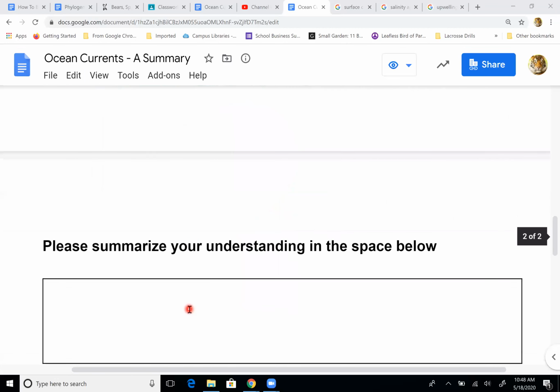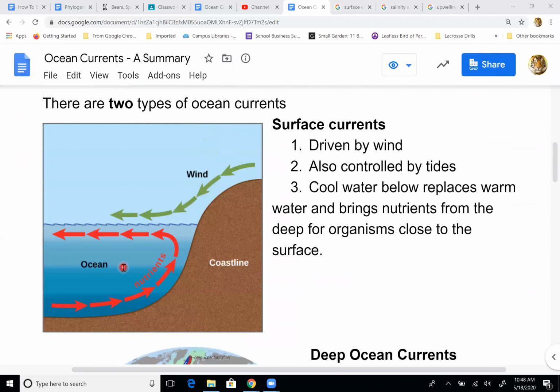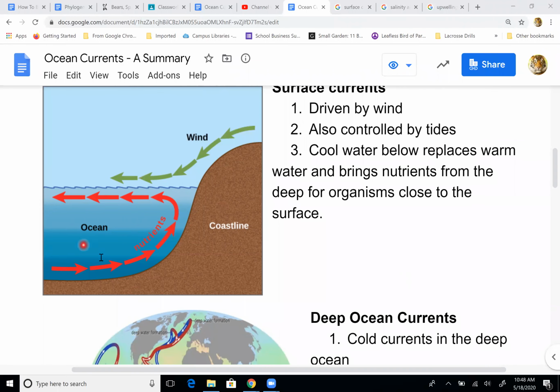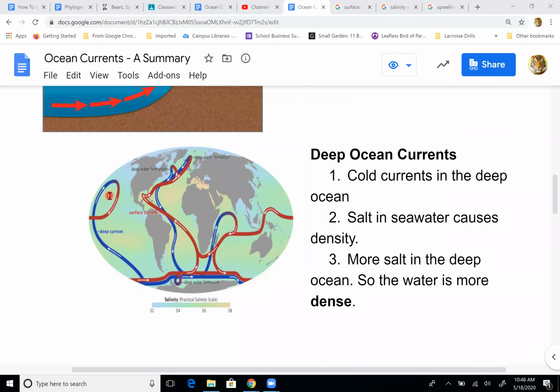All you have to do is summarize what I just explained in this box here. There are two types of currents. Surface currents are driven by wind and sometimes tides, and they bring up nutrients from the lower part of the ocean to the top part. Deep ocean currents are cold, deep currents, and they're caused by salt, salinity.